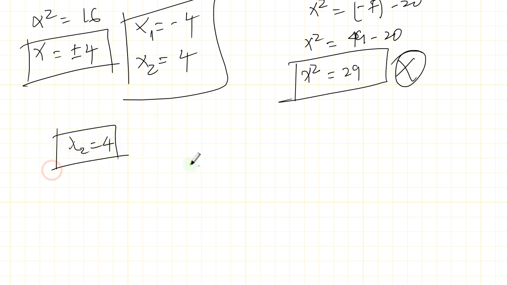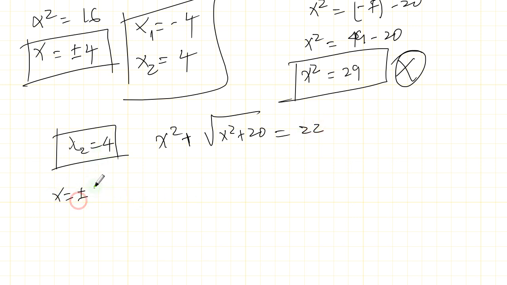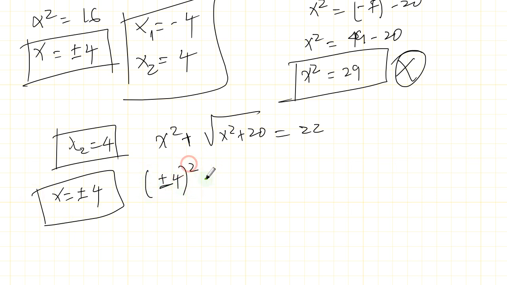It doesn't actually matter, because all the terms in x are squared. So we have x squared plus square root of x squared plus 20 equals 22. Actually, we can say that x equals plus or minus 4. So we have plus or minus 4 squared plus square root of plus or minus 4 squared plus 20 equals 22. Why am I saying this?